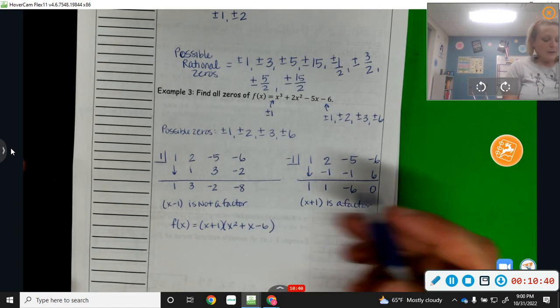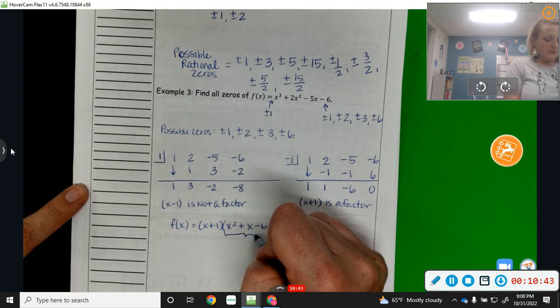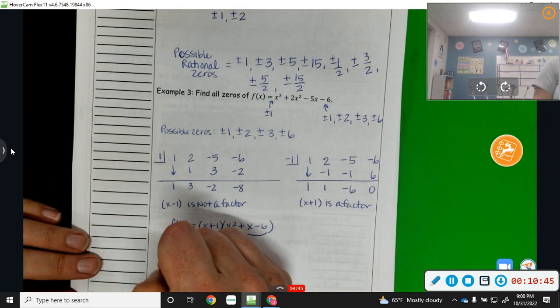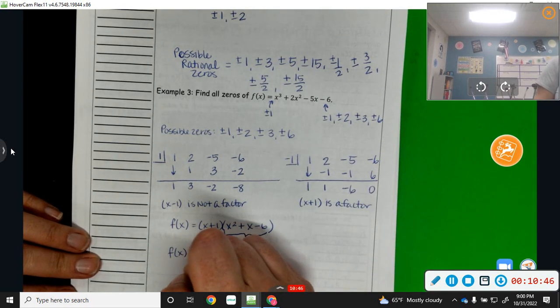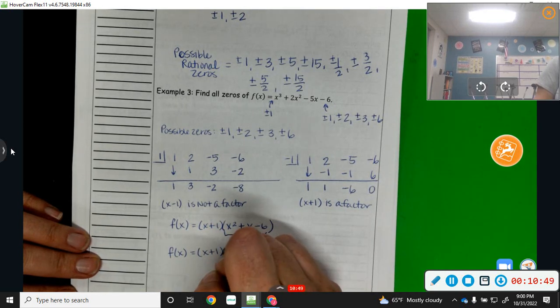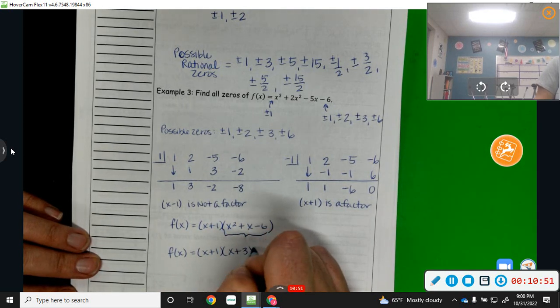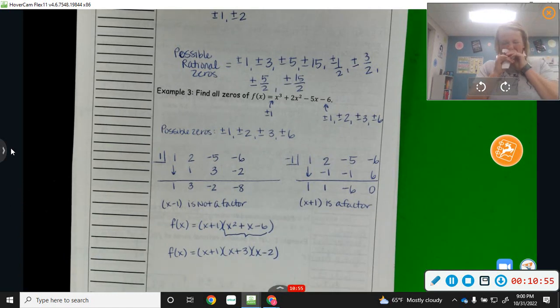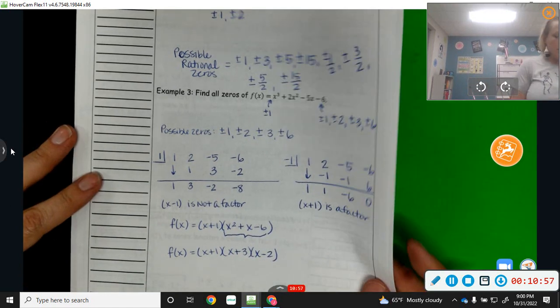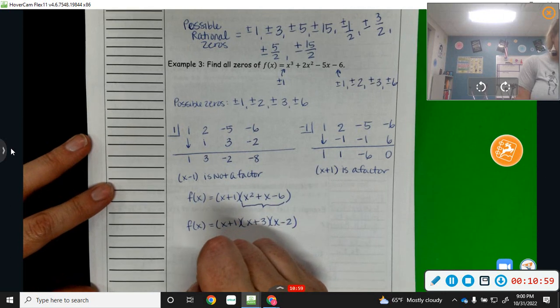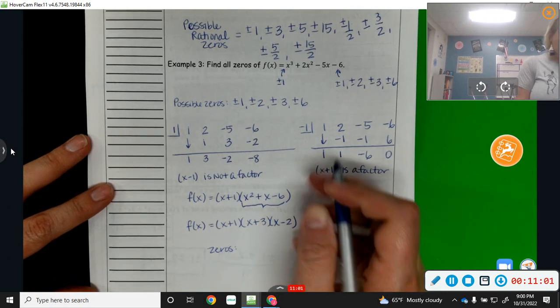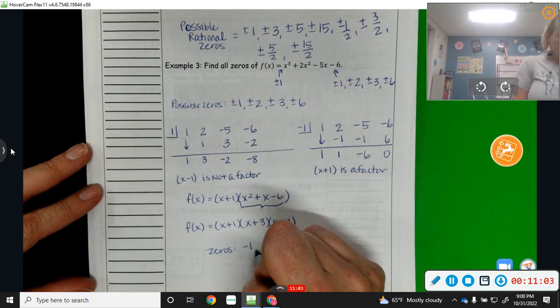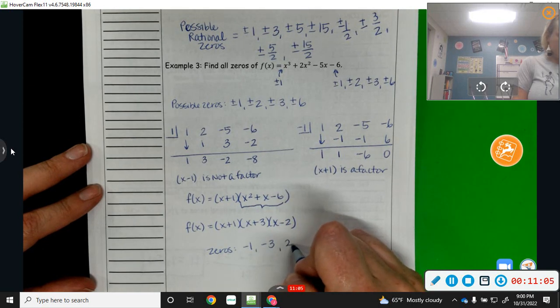Well, from what we know about quadratics, we know we can factor that. So f of x equals x plus 1, and this will be x plus 3 and x minus 2, right? So then all of my zeros are going to be negative 1, negative 3, and then 2.